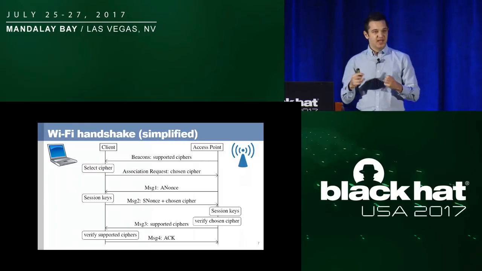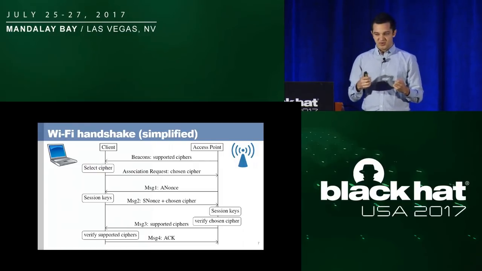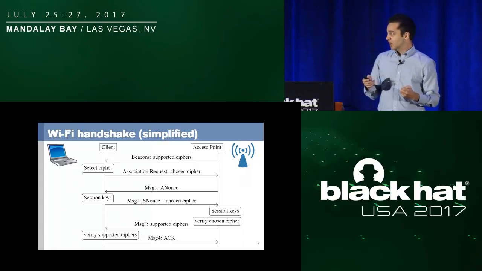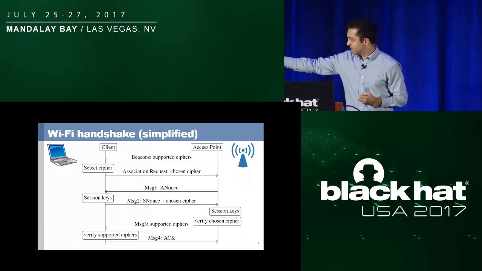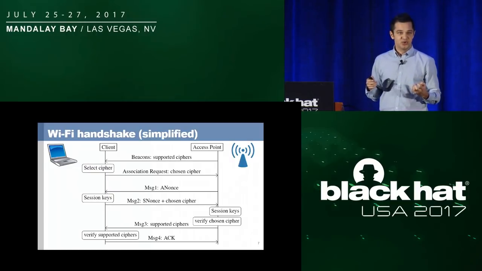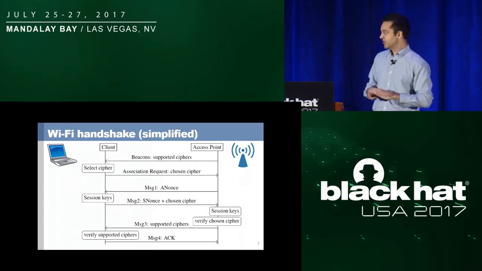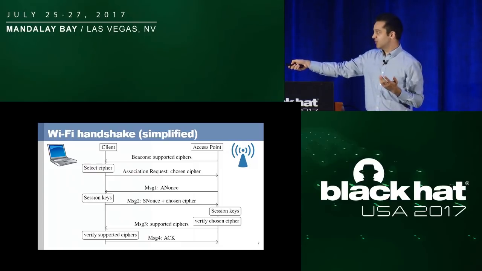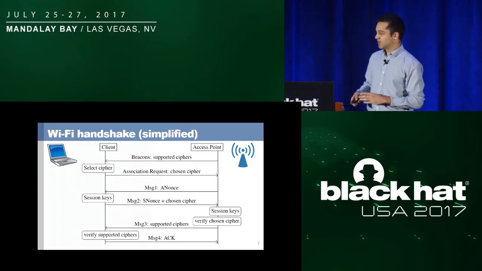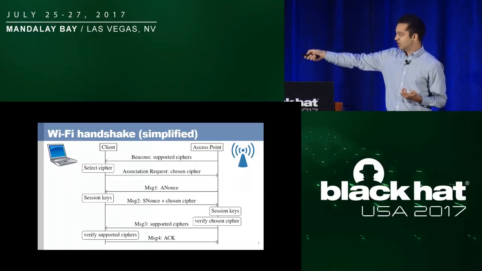But this is just to make the handshake more robust. So you can see at the access point right there, it will also verify the chosen cipher of the client. If the access point misses this check, that doesn't mean there's a downgrade attack yet, because we still have the second check.